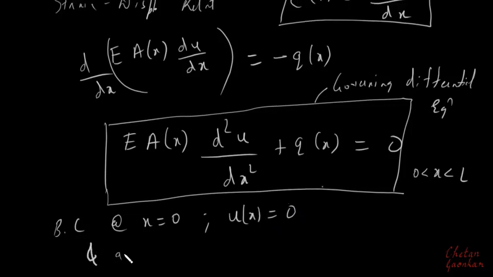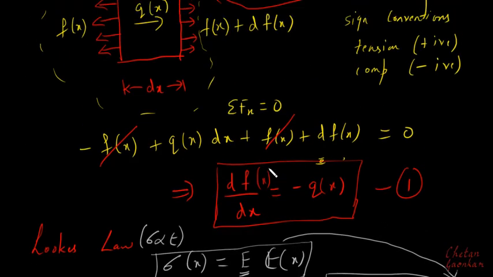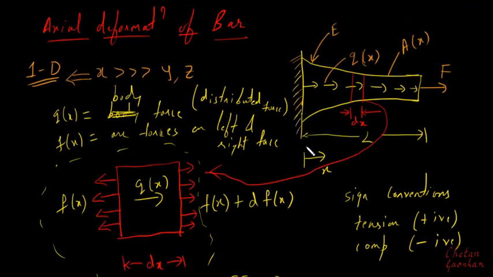At x equal to L, let us see what happens. At x equal to 0, this is fixed, but at x equal to L, there is a point load equal to F applied.